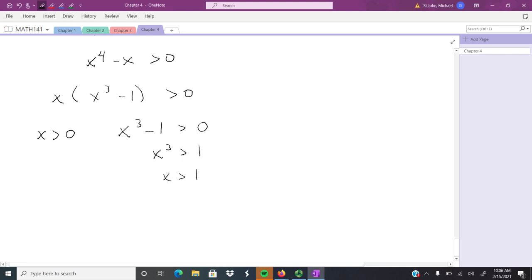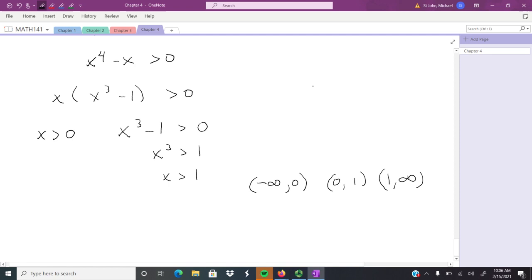Right? So in terms of our intervals then, one interval will be negative infinity to 0, another interval will be from 0 to 1, and another interval will be from 1 to infinity.